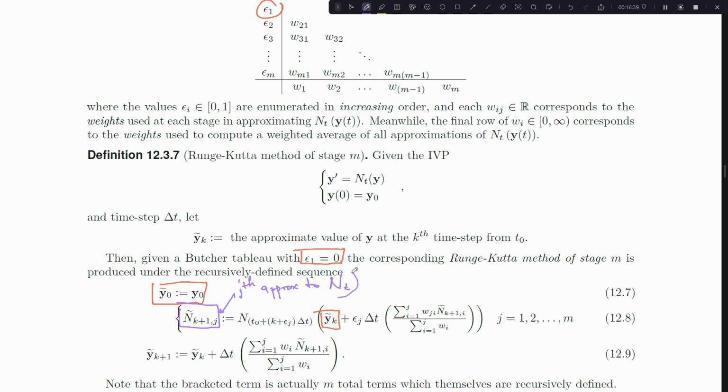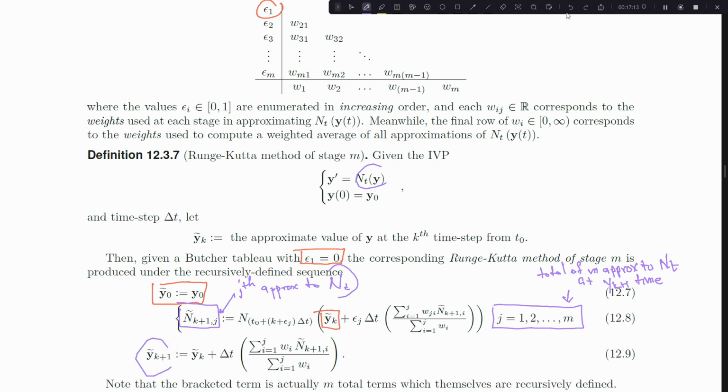So this is only an approximation of the right-hand side of the original IVP, and it's the jth approximation of those. So we're going to compute a total of m approximations to n sub t at the y_k+1 time. Okay, so to give myself the k plus 1 term, which is down there, right?